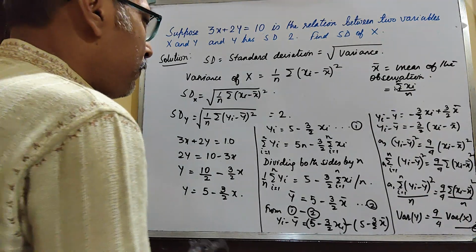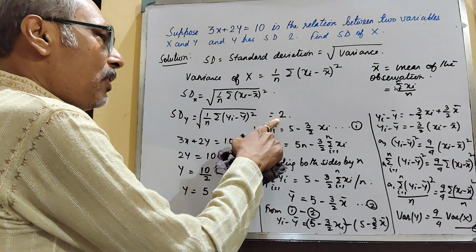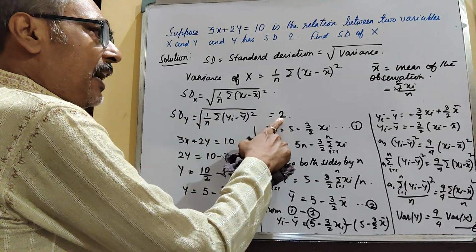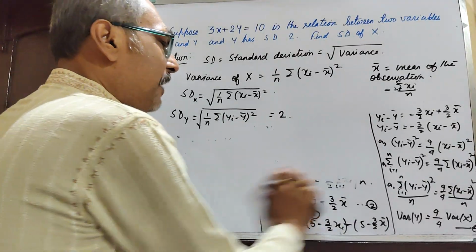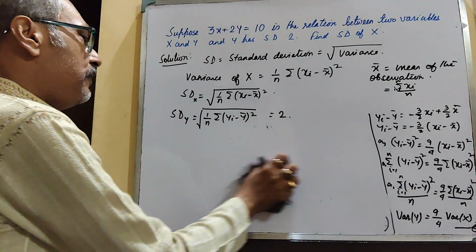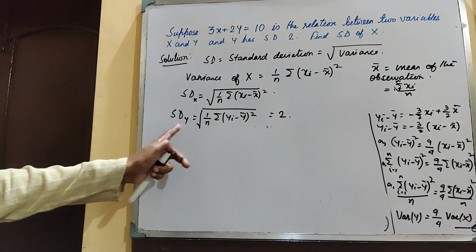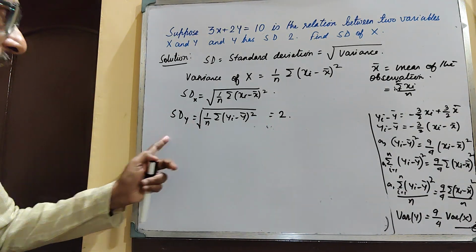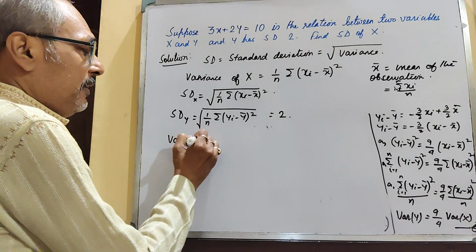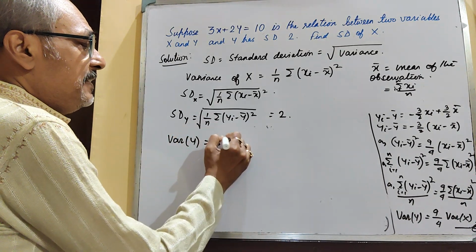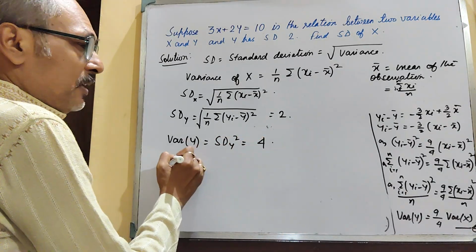Now SD of y is given as 2. Therefore, the variance of y is the square of the SD, so variance of y is 4.